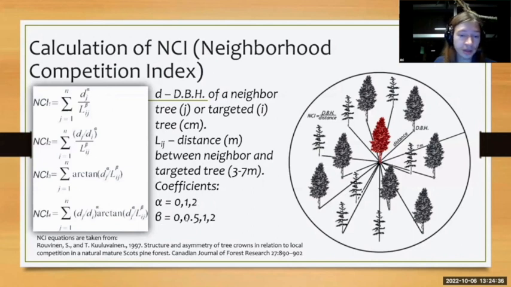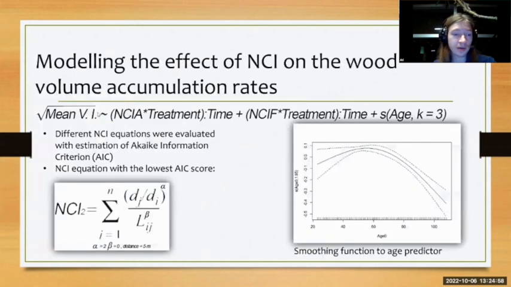A square root effect of the distance would be a coefficient of 0.5. I assessed all these competition indices by measuring their predictive power, calculating the Akaike information criterion, AIC, in the additive model. And here is a general equation of the model.